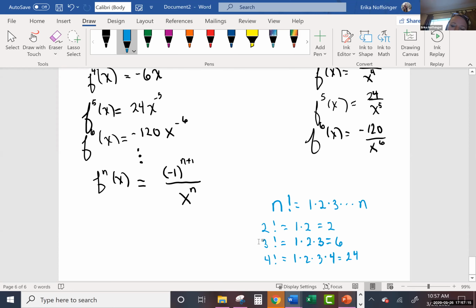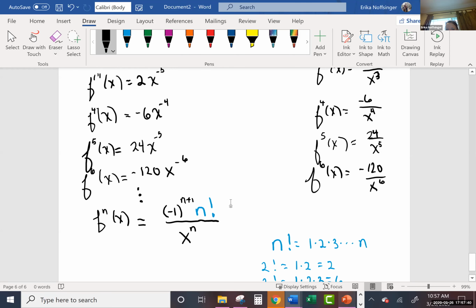So if I look at 5 factorial, guess what I'm going to get? 120. Yep, 120. And so I notice that I can express the number up in the numerator by a factorial, so here I can say this is n factorial. Would that work?